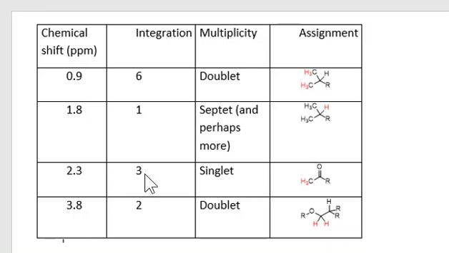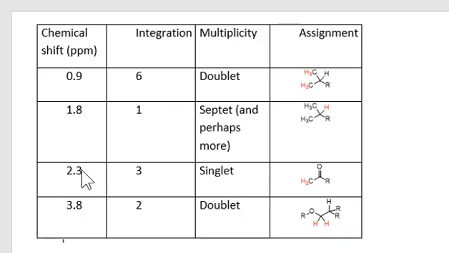It has an integration of 3, and it's next to a carbonyl, and we know that because of the chemical shift. I'd say this is the easiest thing to forget about because you really do want to refer to a correlation table to sort that out. But don't forget about your chemical shift data because it will tell you the chemical environment of your proton.